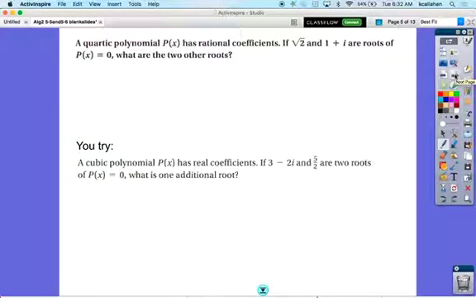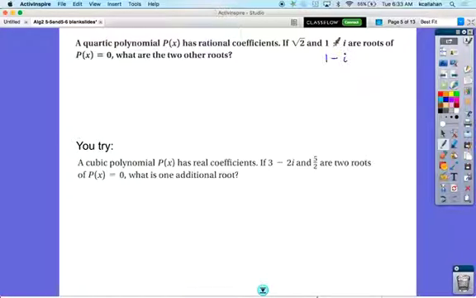So a quartic polynomial, we know what that means, x to the 4th, has rational coefficients. If the square root of 2 and 1 plus i are roots of this polynomial, then what are the other two roots? Again, if you have one irrational, you must have the conjugate, and the conjugate is what you get if you just switch the sign.